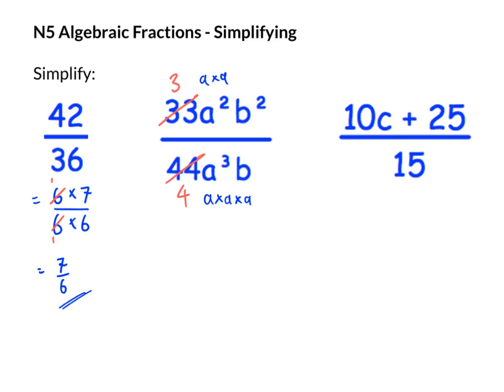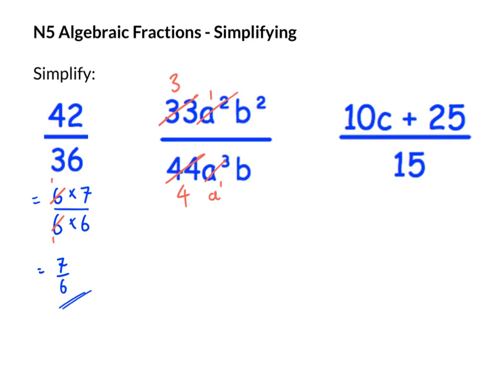So the most I can divide by here is a single a and a second a. Essentially I'm dividing the top and bottom by a squared. A squared divided by a squared will leave me with 1, because anything divided by itself is 1. A cubed divided by a squared will leave me with a to the power of 1.